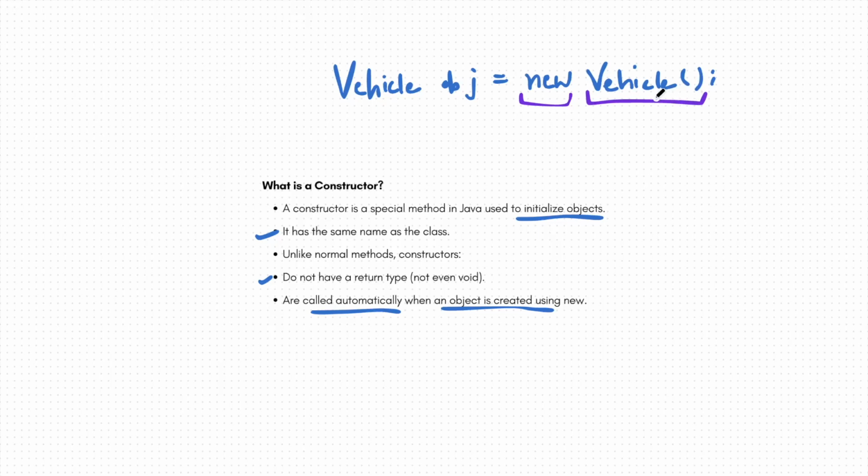Parenthesis means this is a function. So this Vehicle is basically nothing else but just a simple function. This function will have a return type and it returns something, and whatever this function is returning, we are storing that data in this obj object.